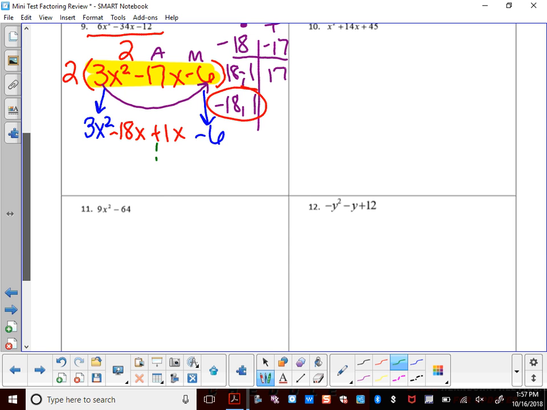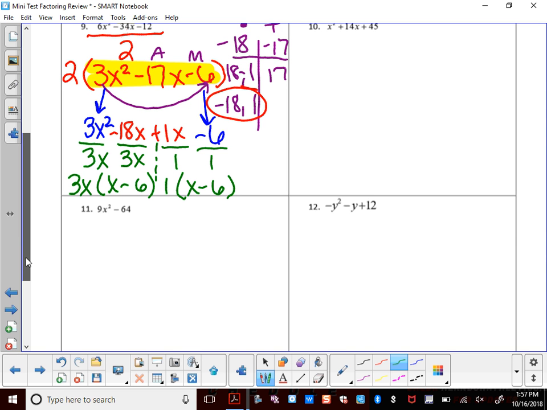Alright, I have 4 terms, so I split it up. My GCF on the left side, I have 3x squared minus 18x. So my GCF is 3x. And then we divide, and I get x minus 6. On the other side, I divide by 1 because that's my GCF, and I still get x minus 6.